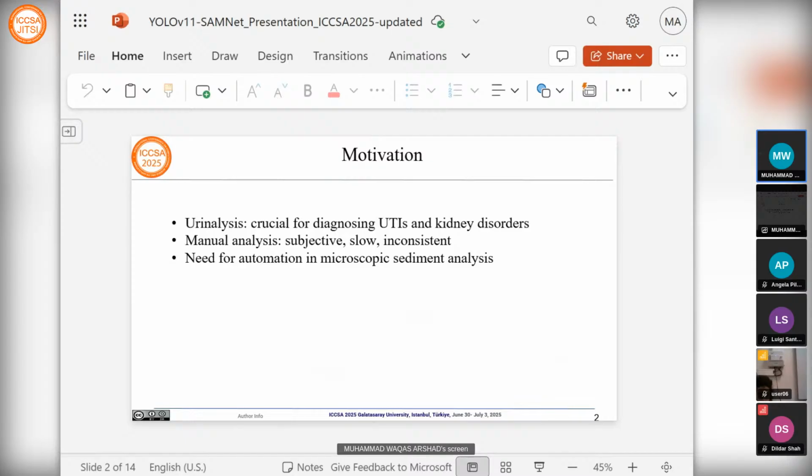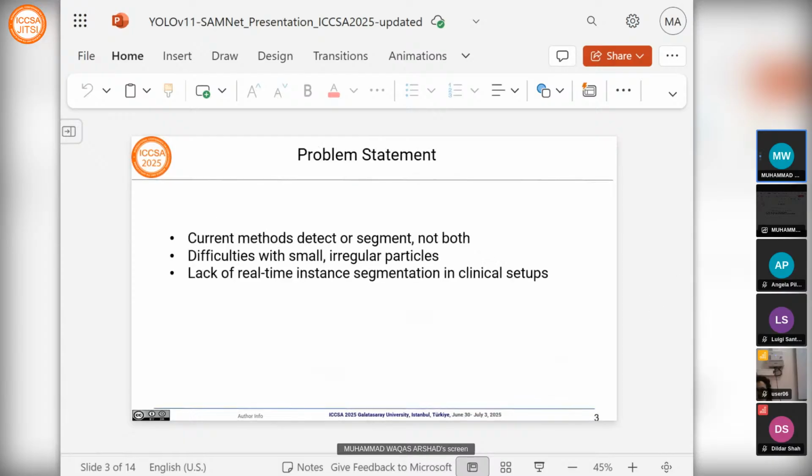So there is an important need for automation in microscopic sediment analysis to improve the efficiency, accuracy, and standardization in clinical diagnostics. The next slide is about the problem statement. So, why the need for automation?